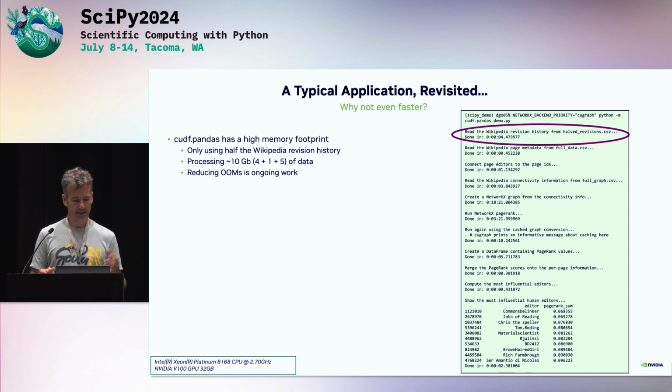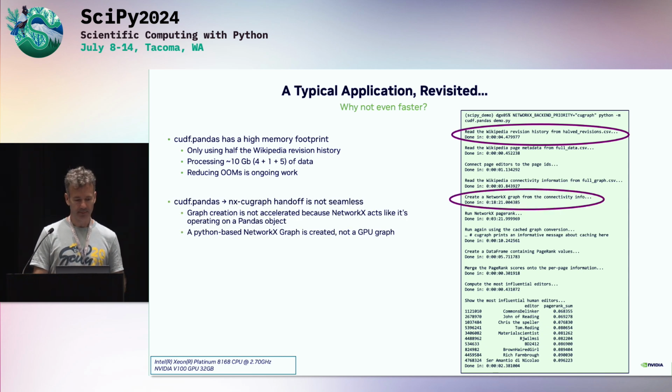So if we look at this a little more closely, we can see that, among other things, cuDF.pandas has a high memory footprint. One of the workarounds we had to do for this example was read only half of the Wikipedia revision history. This avoided an out-of-memory error we got, and this is ongoing work for cuDF.pandas. Also, the handoff between cuDF.pandas and NetworkX is not optimized yet.